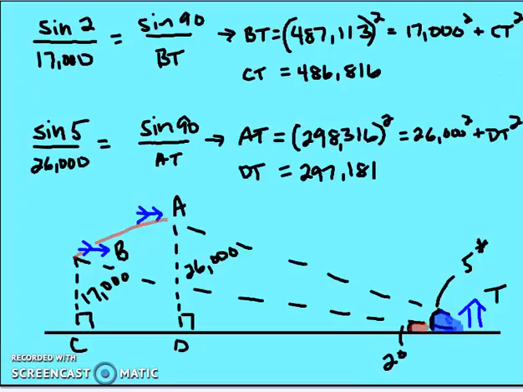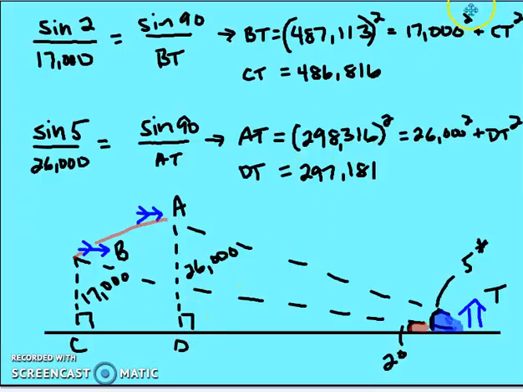All right, so let's go through the problem. We're going to solve first for BT. So sine 2 over 17,000 is equal to sine of 90 over BT. And we end up with BT equal to 487,113 feet. And then we're going to find out what CT is.